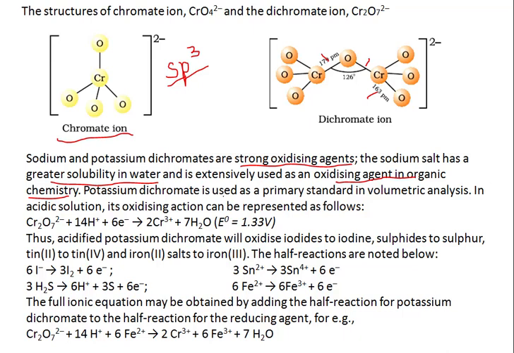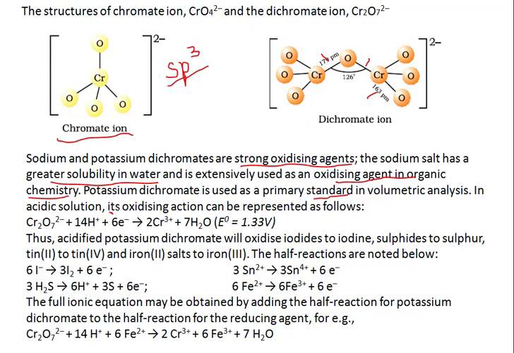Potassium dichromate is used as a primary standard solution in volumetric analysis, in titration. I think you have done titration in class 11, but in class 12 there will basically be potassium permanganate, though this can also be used as a primary standard solution for volumetric analysis.